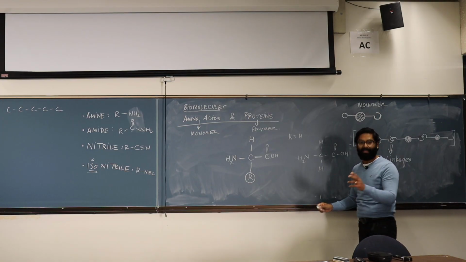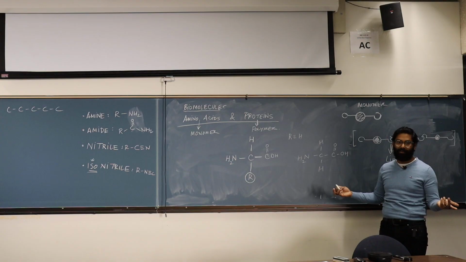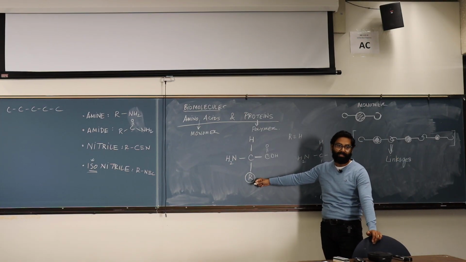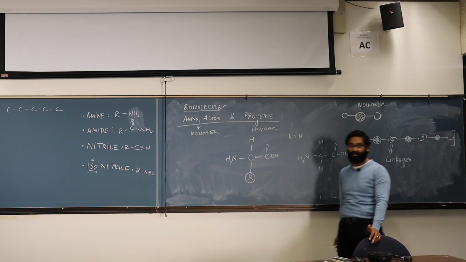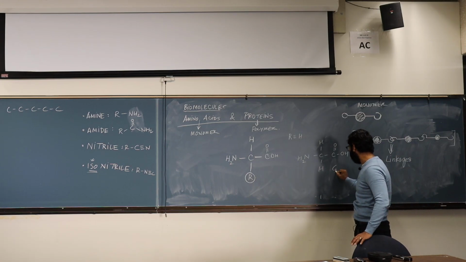Do you think this is the simplest amino acid that could be? Because what else? You cannot go simpler than this, right? You have to at least have a hydrogen. So this is the simplest amino acid. This is called glycine.